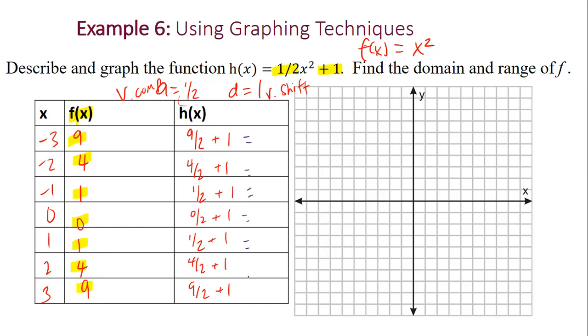Okay, so now 9 divided by 2 plus 1 is going to put me at 5.5. 4 divided by 2 plus 1 is going to put me at 3. 1/2 plus 1 is 1.5. 0 plus 1 is 1.